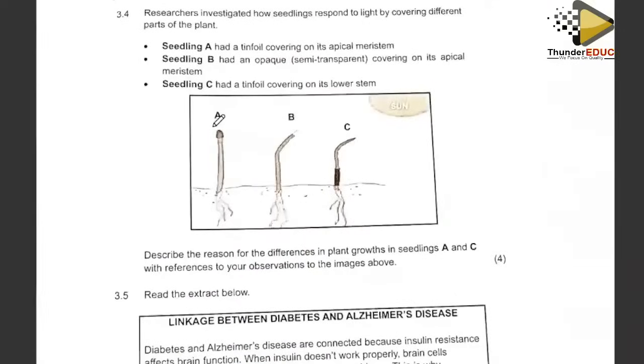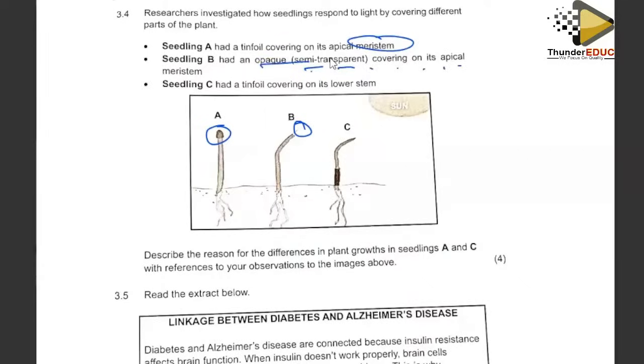They're saying that seedling A, foil covered, is at the apical. Okay, you see here the apical meristem has been covered. B is opaque, meaning that you can't have any light. B had an opaque, semi-transparent covering on its apical. Oh, same.